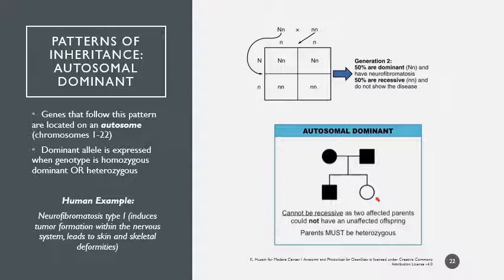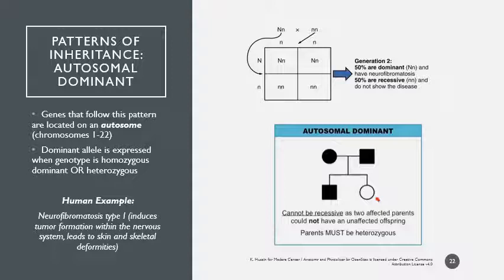Oftentimes we think about diseases as being autosomal recessive because there's kind of a selective pressure against them. If a disease is dominant, it's quite obvious, and often that affects reproductive rates. But if it's like a novel mutation that causes a dominant disease, then there might not be any way to avoid it.